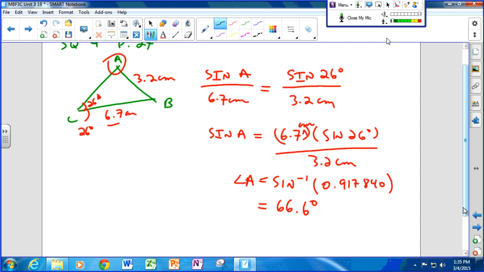So let's take a look at the answer in the back of the book, and that's part 4, for support question 12.